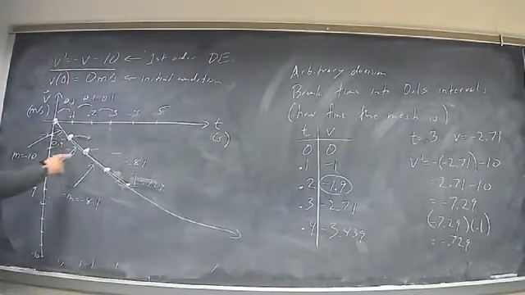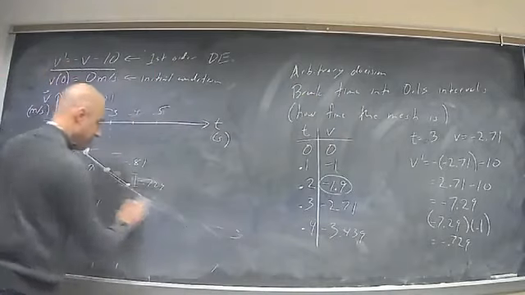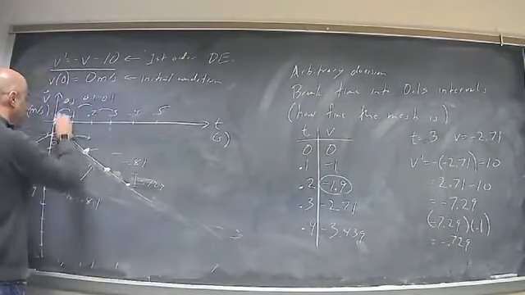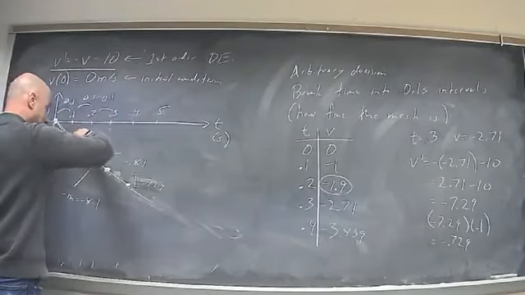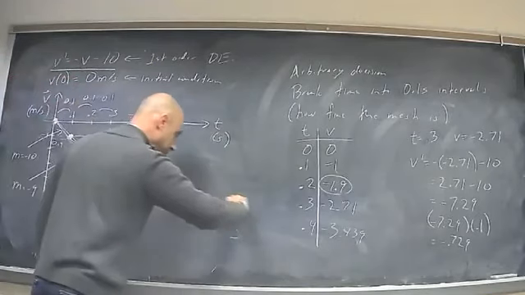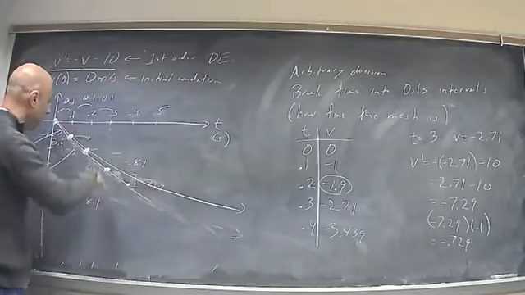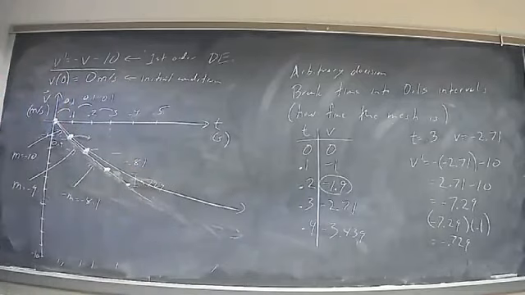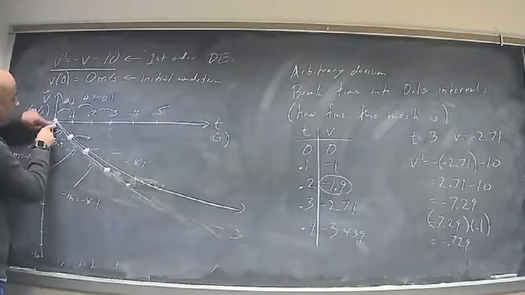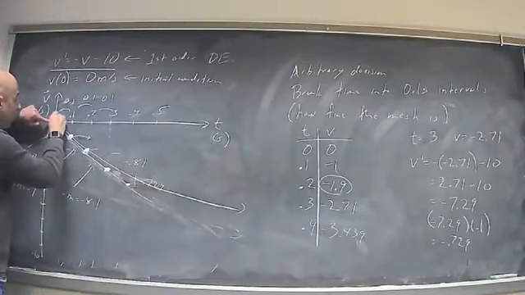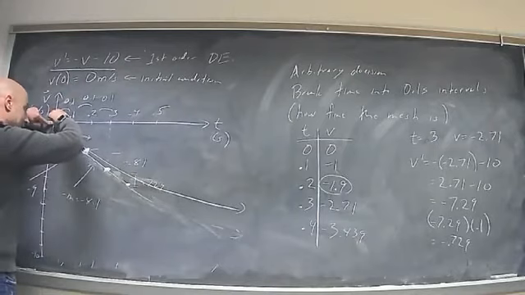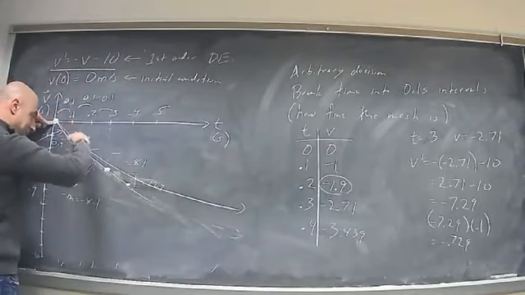Now, these points don't lie exactly on this curve. Actually, the curve is probably above those points. They have approximately the same shape, but they don't really lie on the true curve. Why not? Because what we're doing is following these straight line segments.